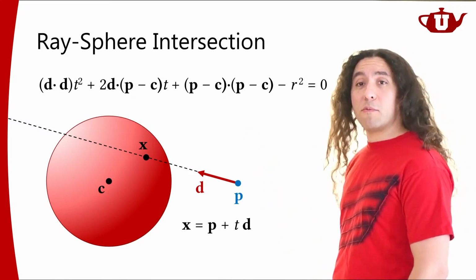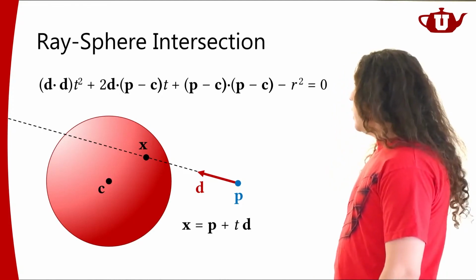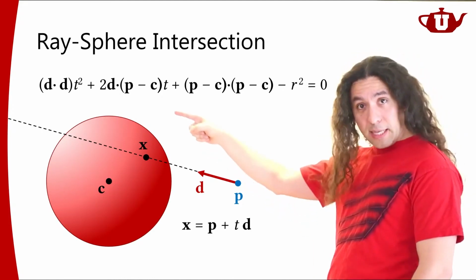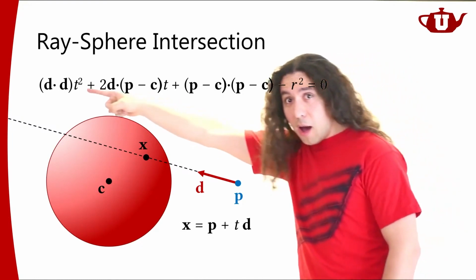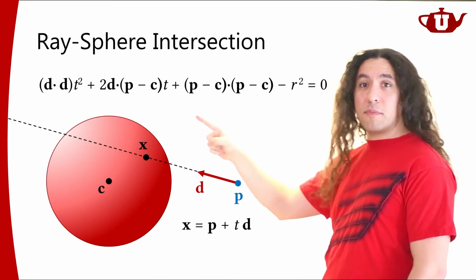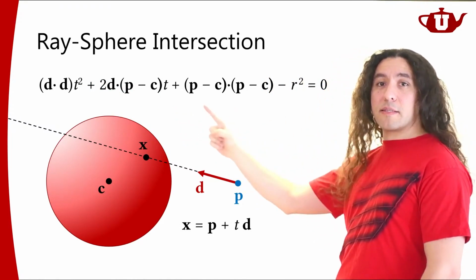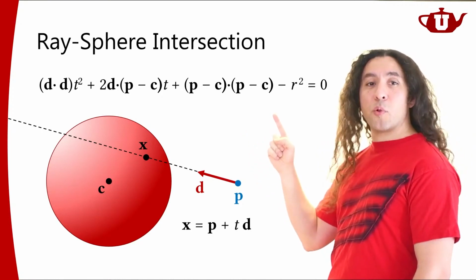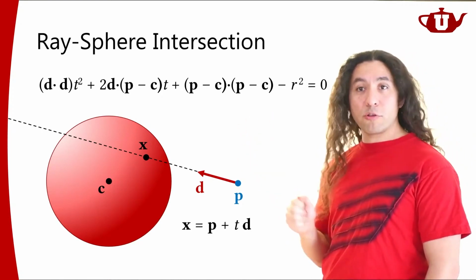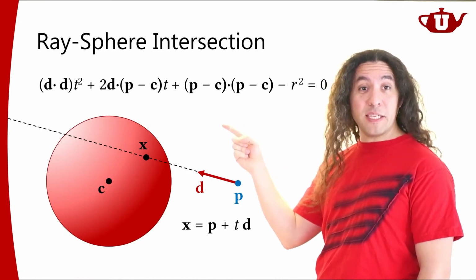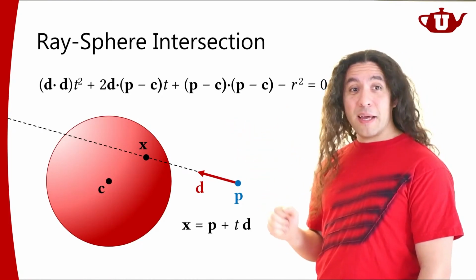So what do we see here? In terms of t, all the way here there's a t squared term, there's a t term, and there is a constant term. So this looks like a polynomial of degree 2. This is a quadratic polynomial of t.